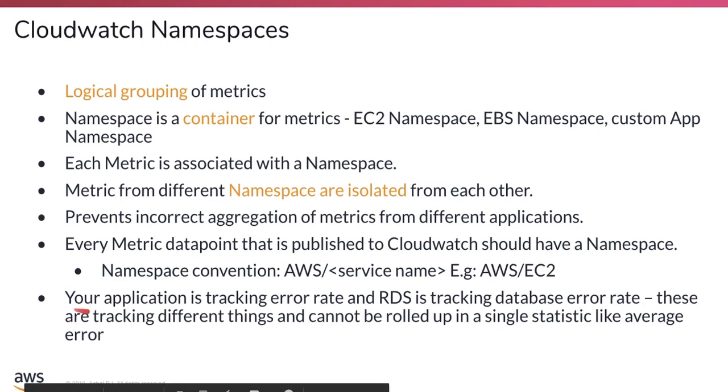For example, your application is tracking error rate and RDS is tracking database error rate. These are two separate things, so they are not mixed together or aggregated into a single statistic. The basic convention for default metrics is AWS slash the service name, such as AWS/EC2. If you're using an API, you could see this kind of pattern.